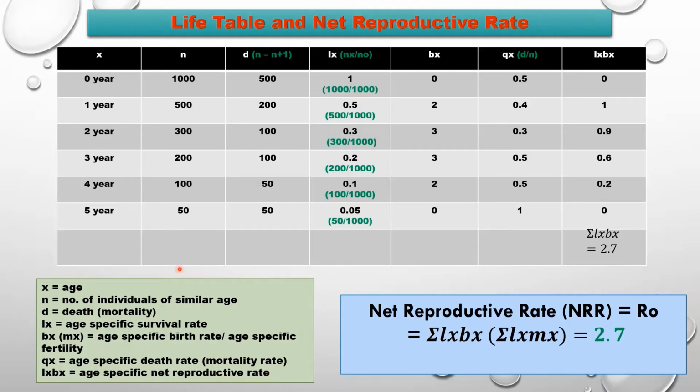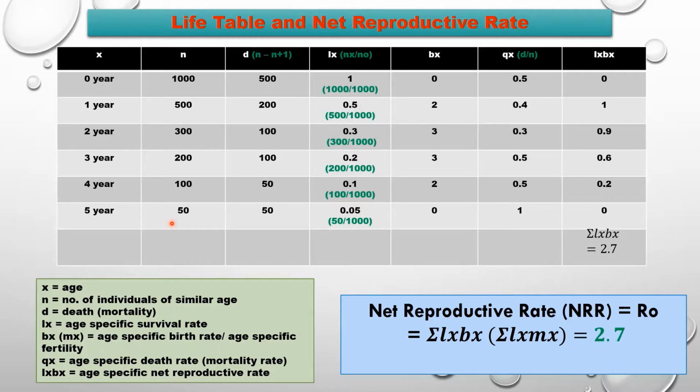So here at the beginning of life, that means 0 year, there are 1000 individuals. The first year 500, second year 300, third year 200, fourth year 100, fifth year 50.